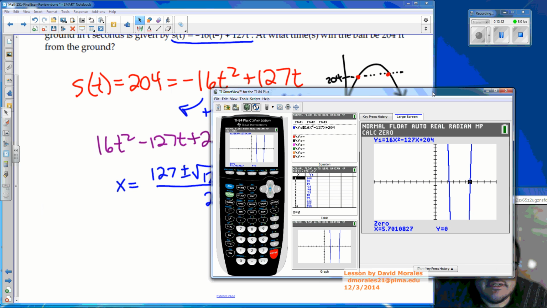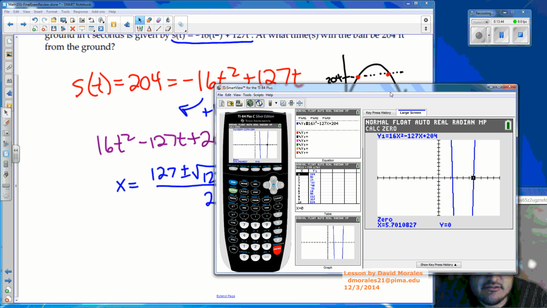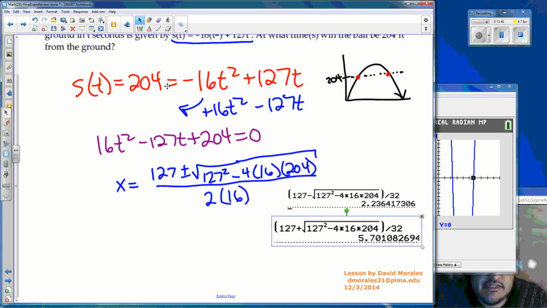So now why does this not look like this graph here? Because what we did here was the answer is going to be the same, but this is a different question. It's related. This is saying where is this equal to 204? And what we did is we transformed it. This is equivalent to this, but this graph is not going to be this graph.